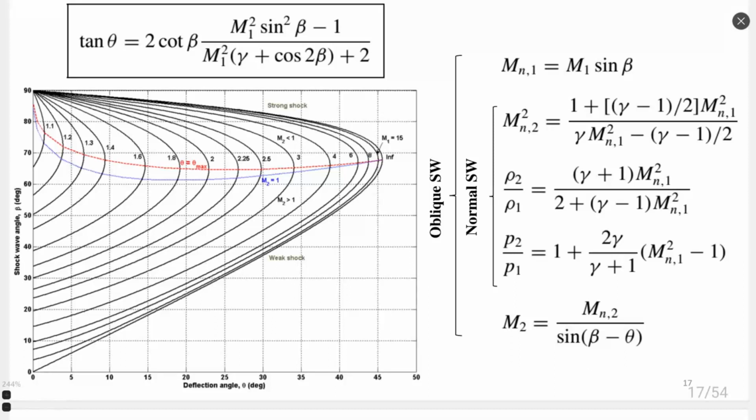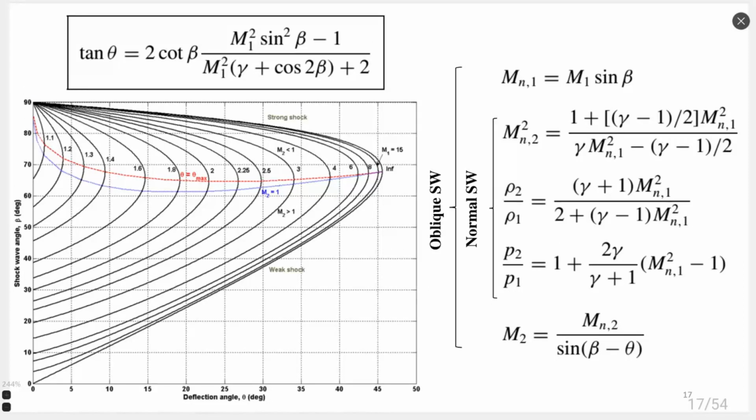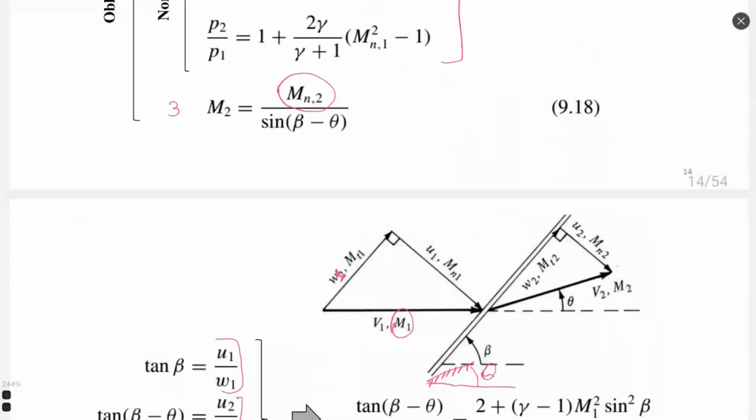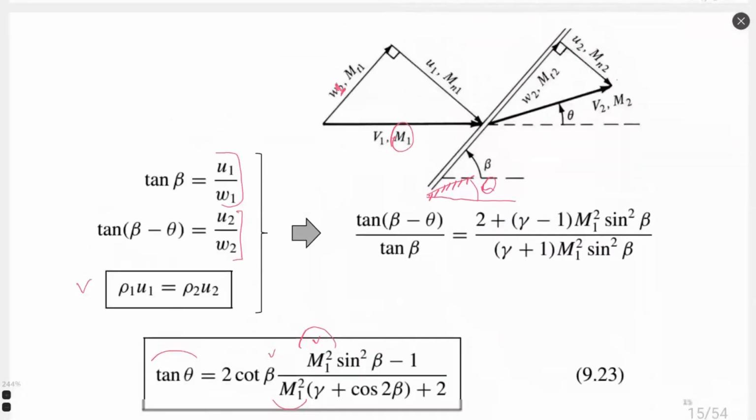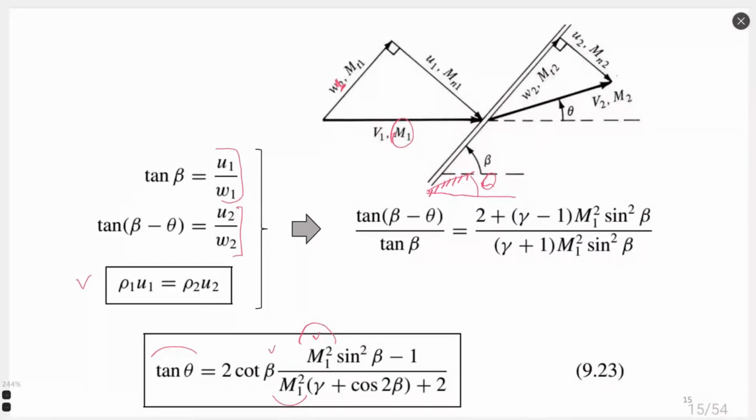If we go back to the theory, let me go to one of the schematics we had. M1 is supersonic, okay, always supersonic. And according to oblique shockwave theory, M2 is also supersonic. Flow remains supersonic. This is another checkpoint in your calculation. If you receive M2 as some value smaller than 1, it is wrong.